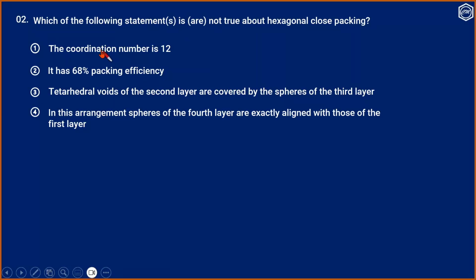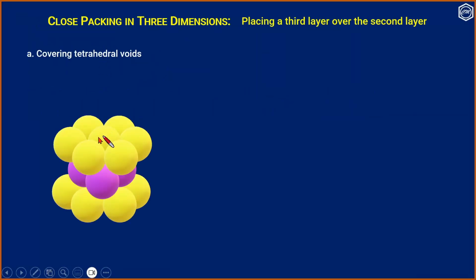The coordination number is 12. Take the first option. Consider the middle atom of this layer. It touches 6 other atoms of the same layer and also 3 atoms on the layer below it. Now consider the next layer. It touches these 3 also. Therefore, from the same layer there are 6, 3 from below and 3 from the upper layer.